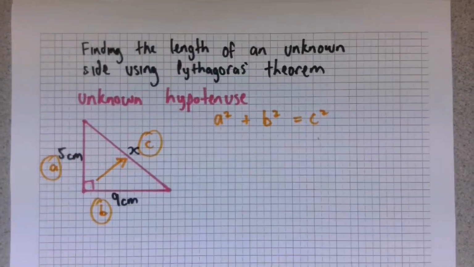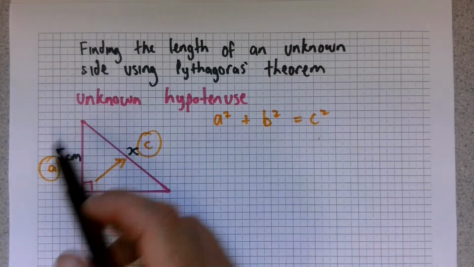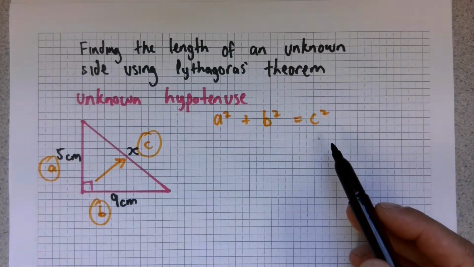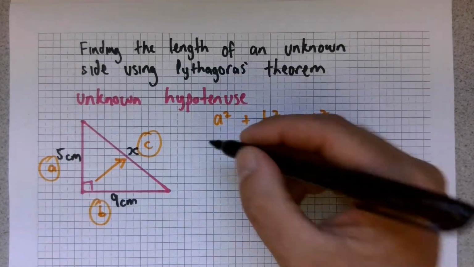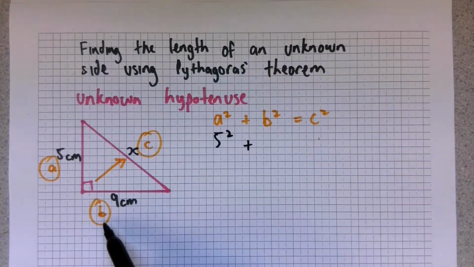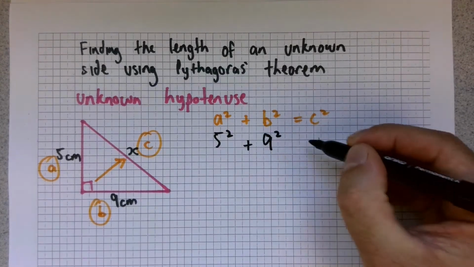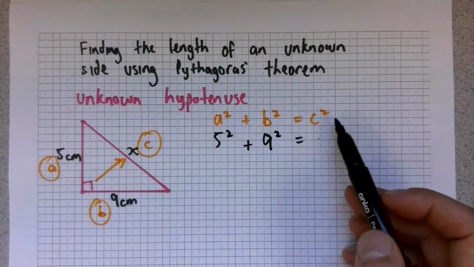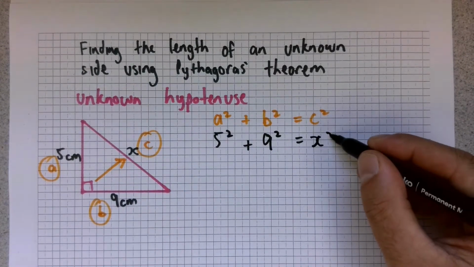Once I've done that, I'm going to use those values and substitute them into the equation, Pythagoras' theorem. So instead of the value a, I'm going to use the number 5. Instead of the value b, I'm going to use the number 9. And instead of c, I'm going to use, in this case, the pronumeral x.